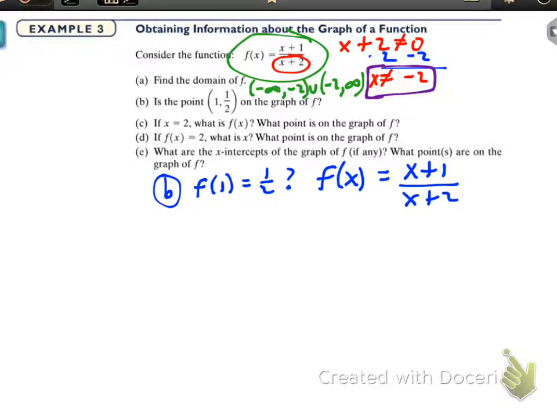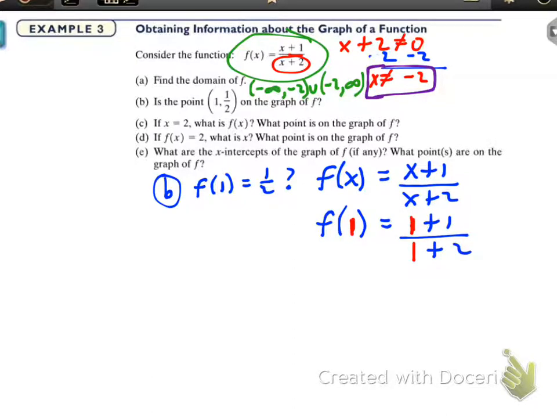Using this rule, we're going to put 1 right there in place of x. I know some of you are looking at this going, oh my gosh, I know what this is, but I want to make sure that everybody gets it, so just bear with me.